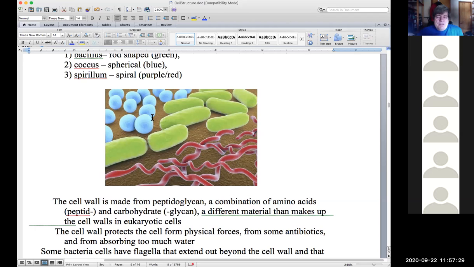Or you might have heard of a disease called MRSA. MRSA is methicillin resistant. Methicillin is an antibiotic. MRSA is methicillin resistant Staphylococcus aureus. And does anybody know what MRSA does? MRSA is sometimes referred to as the flesh-eating bacteria disease.